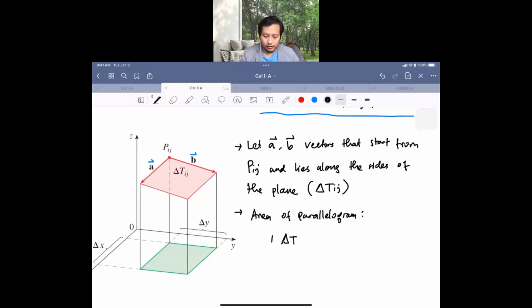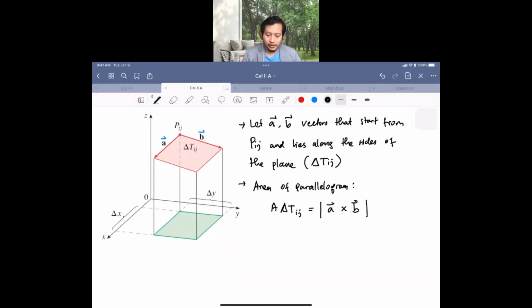So we can write the area delta T is the magnitude of A cross B. And then another definition is partial x at (xi, yj), and partial y at (xi, yj).